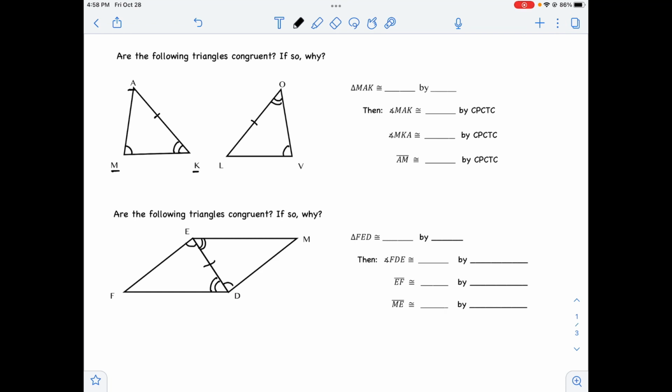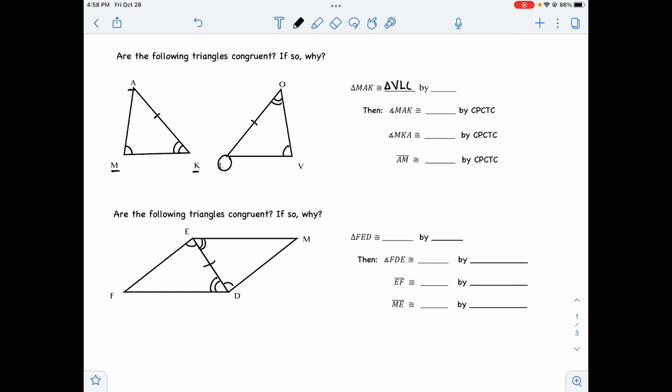So we could say triangle V. Let's see if we have more marks. So we went M, A. A does not have a mark at all, but that means it would correspond to L that does not have an arc at all. So V, L. And then K had 2 arcs, and O had 2 arcs.